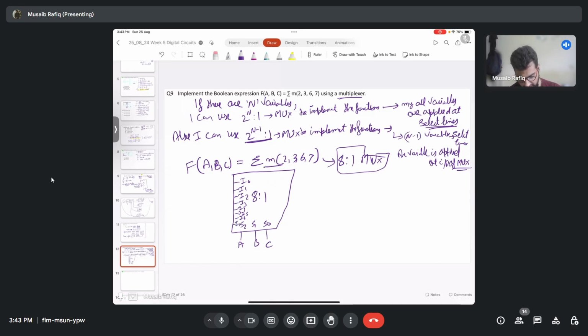So based on the functionality here, I0 will be 0, I1 will be 0, I2 will be 1, I3 will be 1, I4 will be 0, I5 will be 0, I6 will be 1, and I7 will be 1. So this block that you see here will implement f of a, b, c equal to sum of minterms 2, 3, 6, 7. Right?